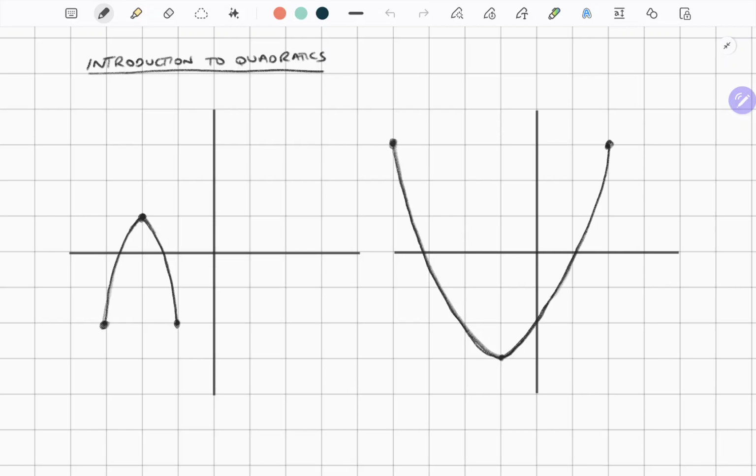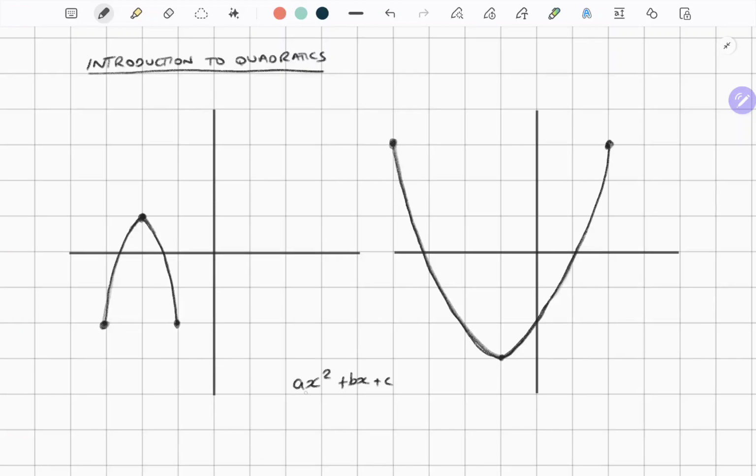So I've drawn two graphs here, I'll cover those in a second, but you might find that you're given a quadratic expression which takes the form of ax squared plus bx plus c, where a, b and c are constants and a needs to not equal 0, has to have a value other than 0.